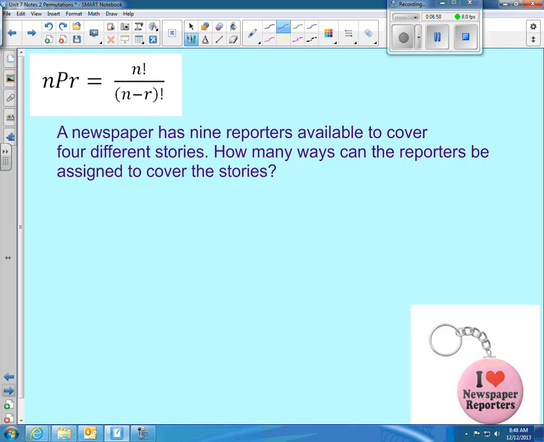All right, looking here at problem 8. A newspaper has 9 reporters to cover 4 different stories. So we have n is 9 and our r is going to be 4. So we are going to take 9 factorial over 9 minus 4 factorial. Oh, that would be 9P4. Sorry about that.